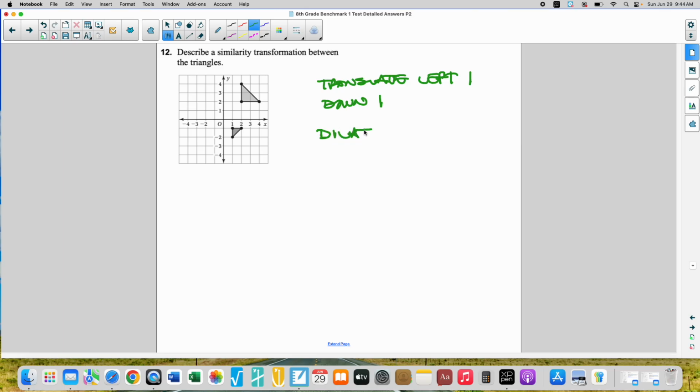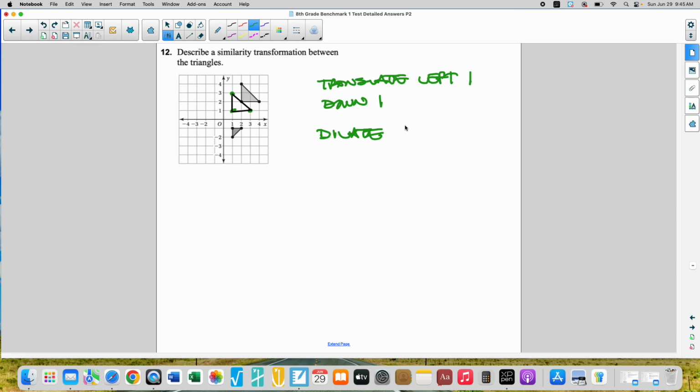Dilate. So it gets it here and here. So my new object is here. This is my new object after the translation. Sorry. I like that. That gets it there. And then we're going to dilate it 1/2.